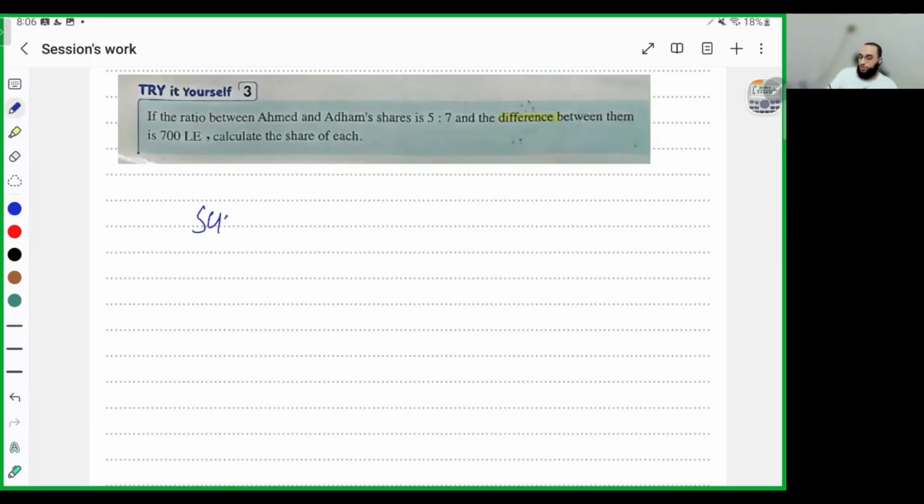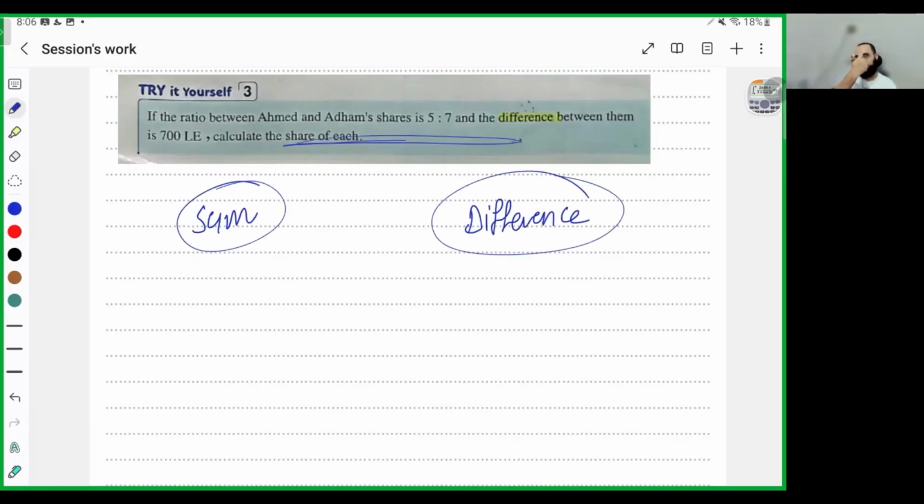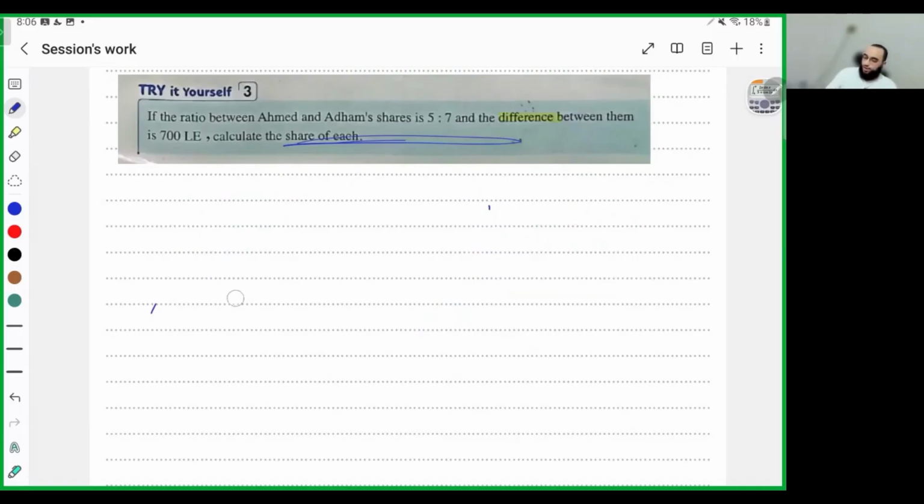We solve one question like a sum, and we solve another question like a difference. Is this question a sum question or a difference question? Difference question.